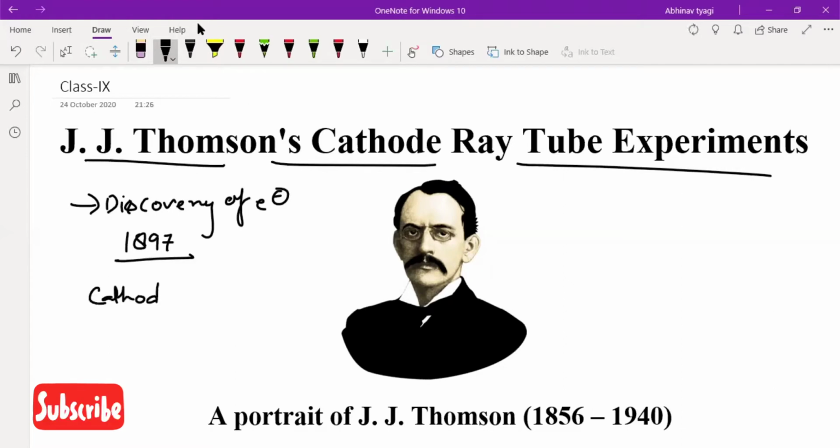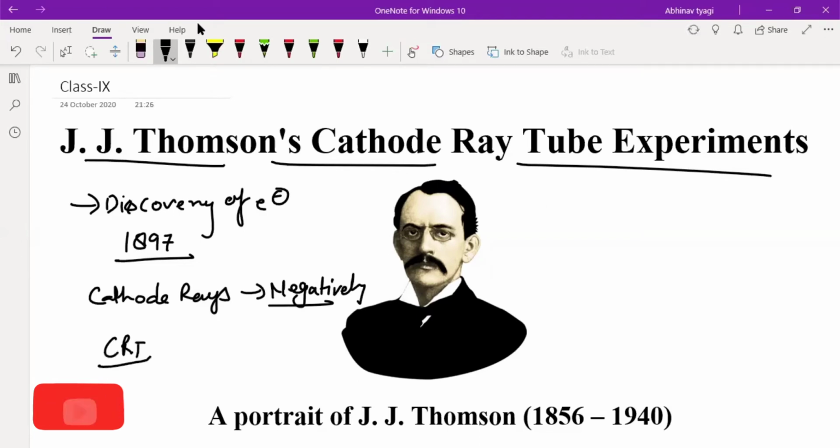Cathode rays are made up of negatively charged particles. These particles were later named electrons. The apparatus of his experiment is known as CRT, that is cathode ray tube.